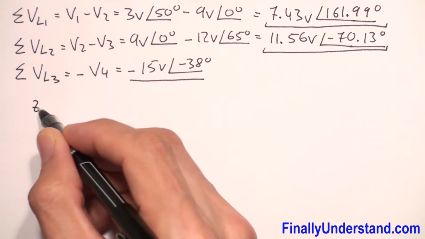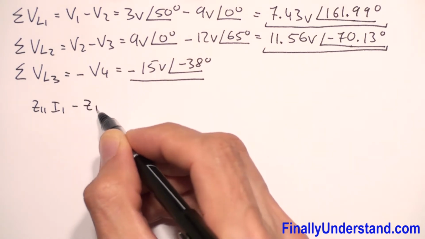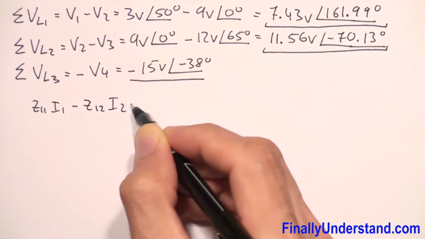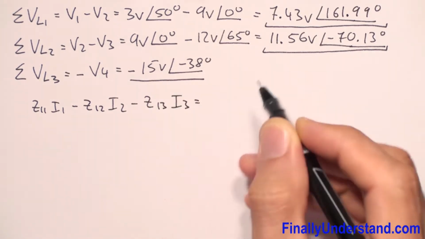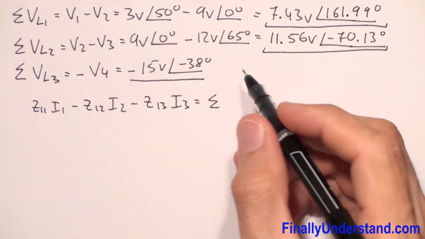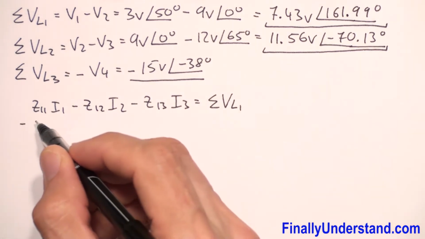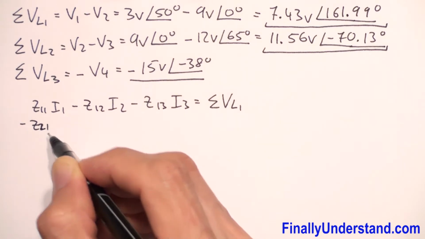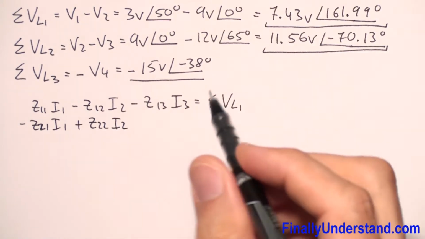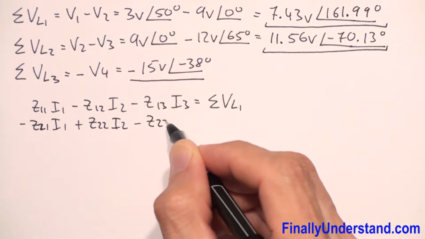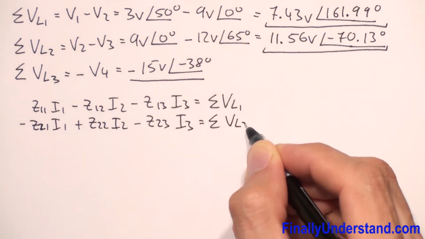So I have Z11 I1 minus Z12 I2 minus Z13 I3 is equal to the sum of the voltages in loop 1. Next I have negative Z21 I1 plus Z22 I2 minus Z23 I3 is equal to the sum of the voltages in loop 2.